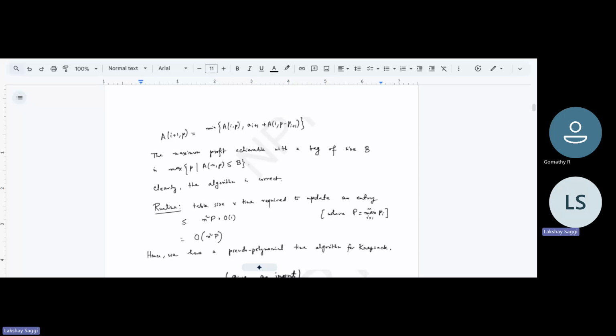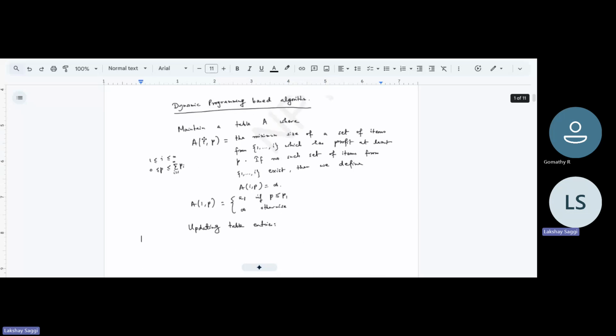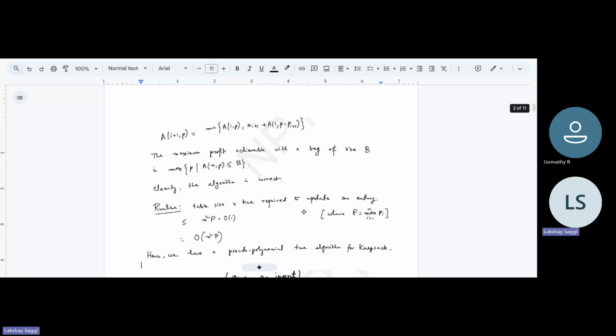And that's why using this kind of relation, and because of this base condition, we can initialize all the table entries. And now what will our knapsack solution look like?